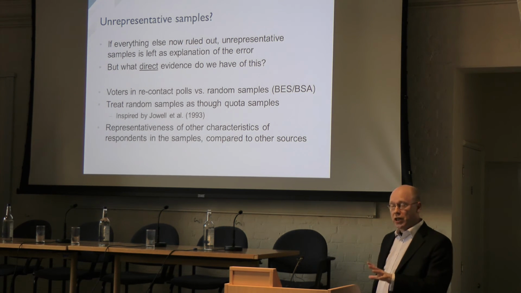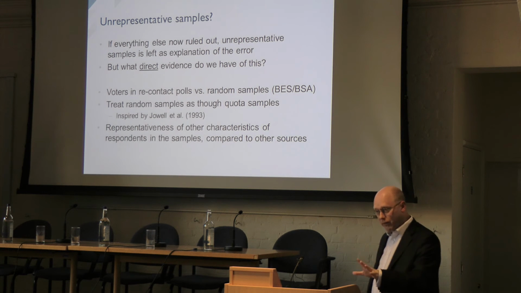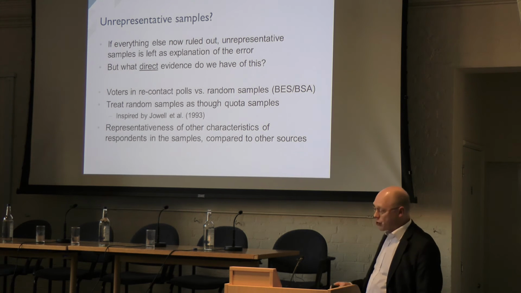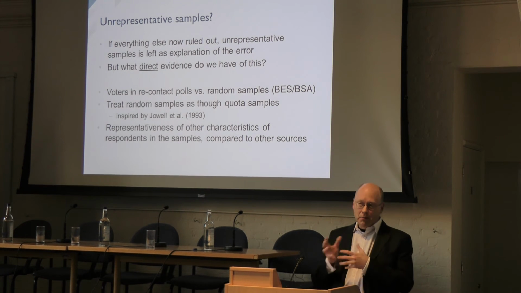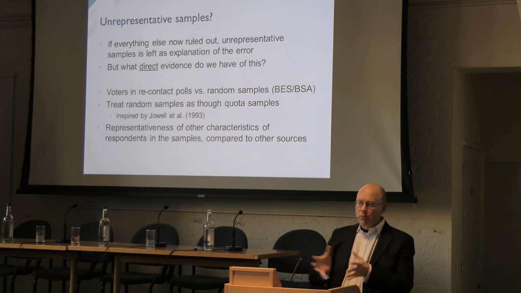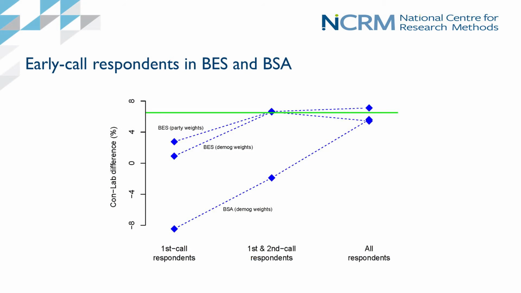So what we're doing here is using only those who were reached either at first or the second interview. And also taking those samples and weighting them, ignoring the design information from the probability samples, and weighting them in the same way as one would those campaign polls. And that's what happens. So the blue lines are now those.